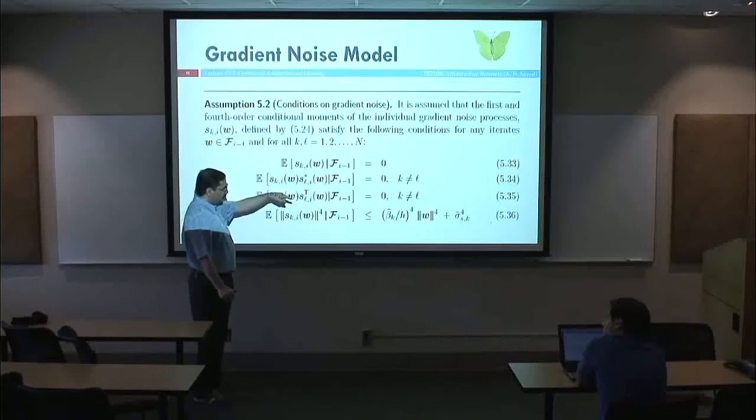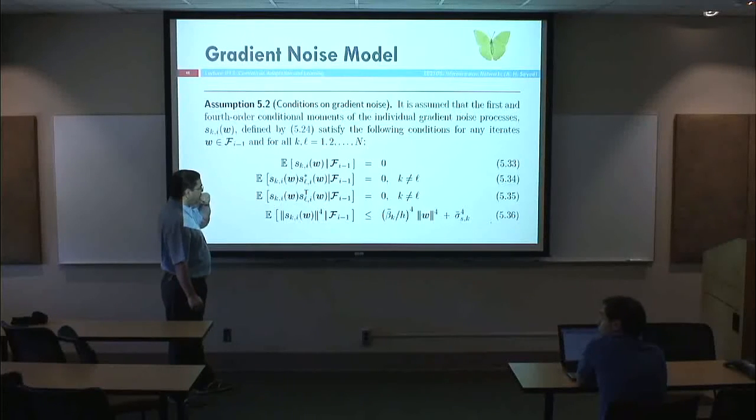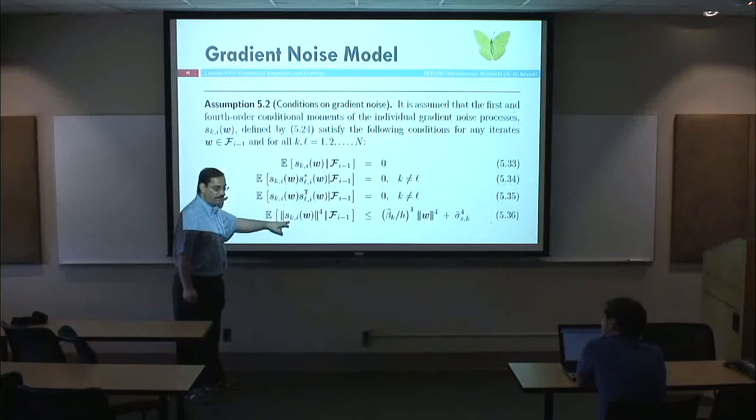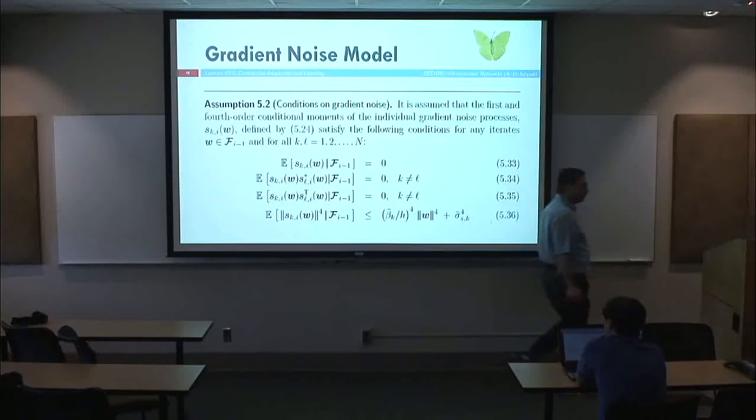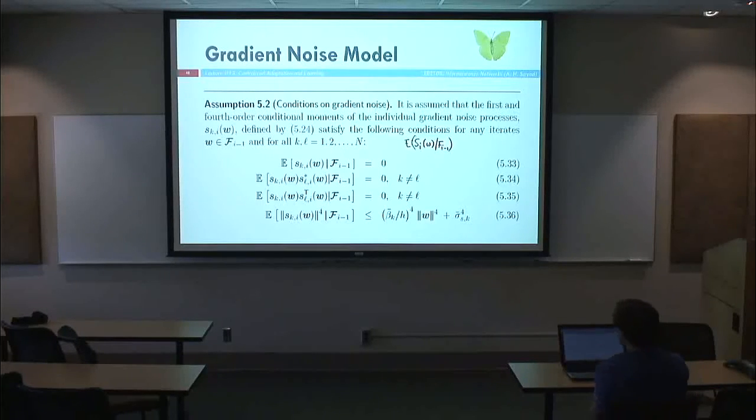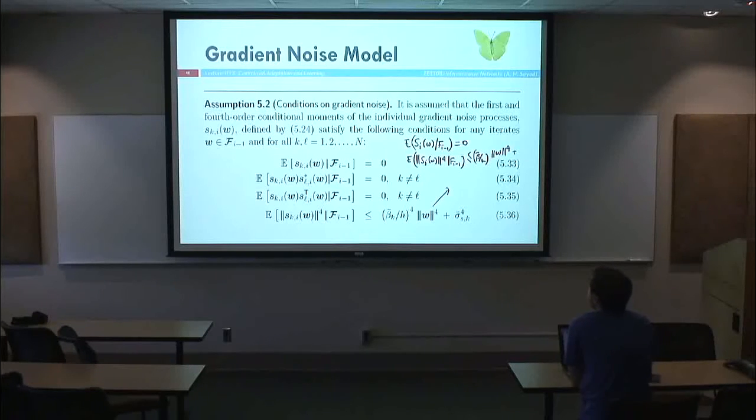Now, later I'm going to make a comment that if you don't want to introduce conditions at the level of the individual agents, you can instead introduce conditions at the level of the global noise, S I of omega: given the past it is 0, and the second or the fourth moment of this global noise, which was the aggregate noise, given the past, is upper bounded by something like this, let's say some beta bar over H omega to the 4 plus some sigma bar.